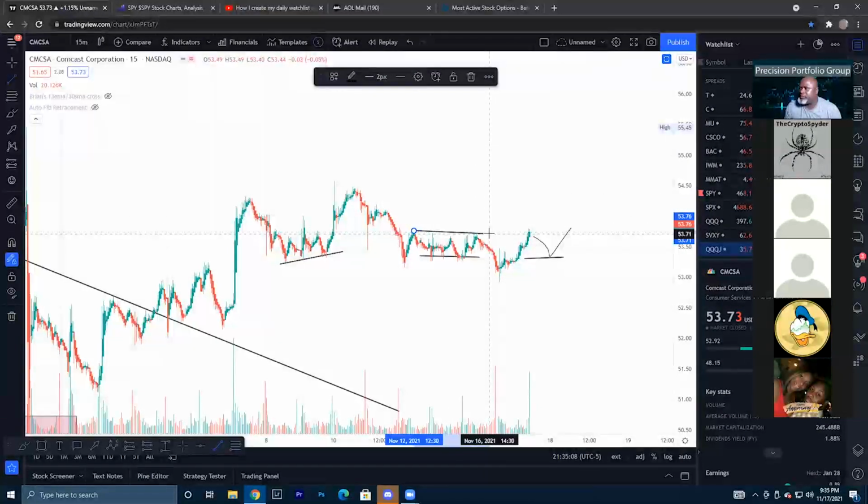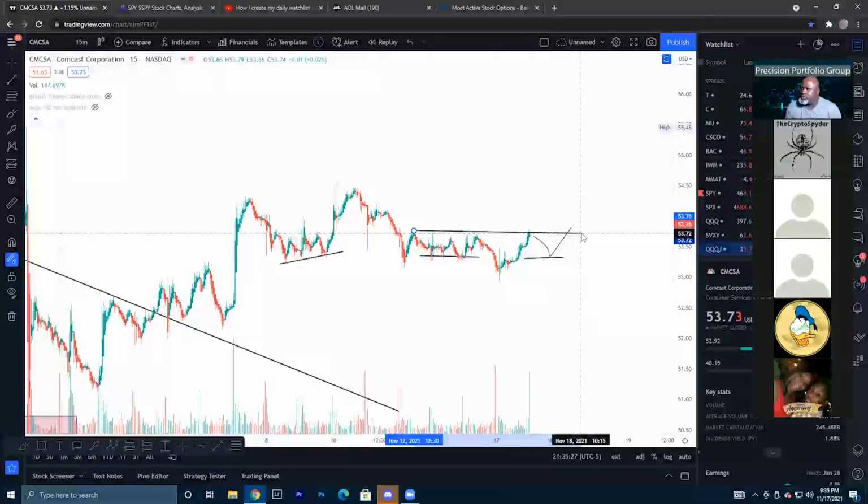This is called a triple top. With triple tops, it means that it will bounce off the resistance, go down, bounce off the resistance, and continue on a downward momentum. So this is what I want to happen. Since you already set your support and resistance, this is what you want to do.